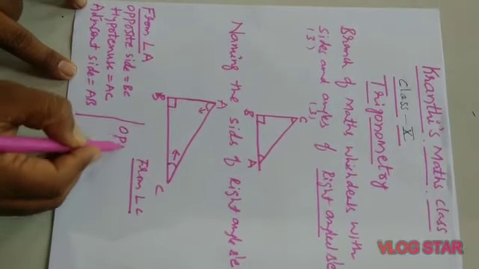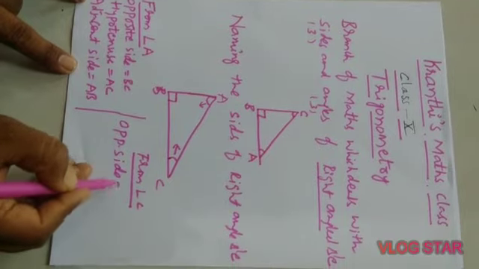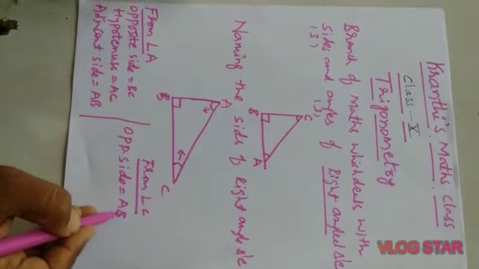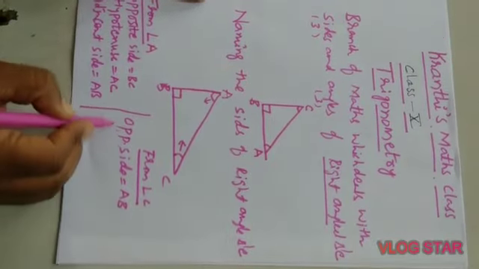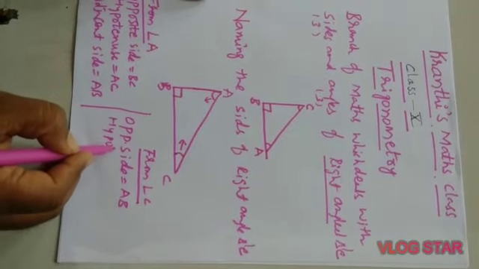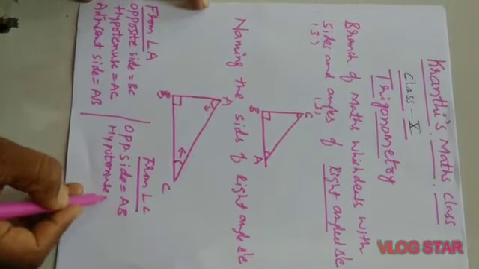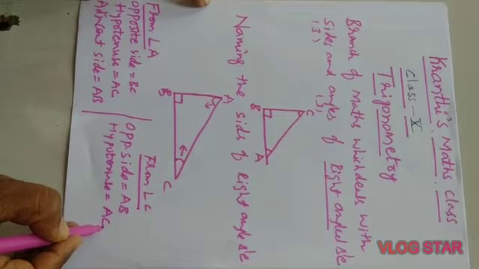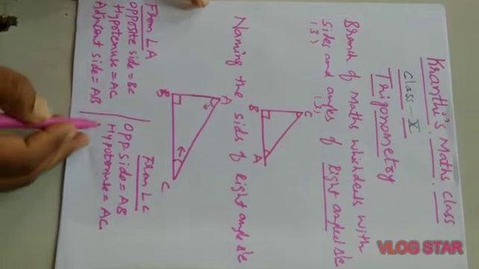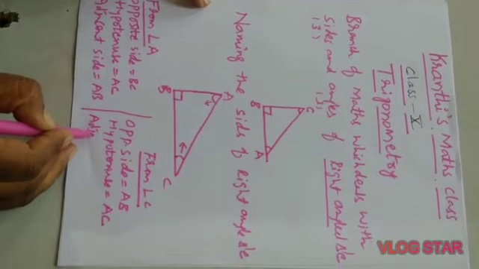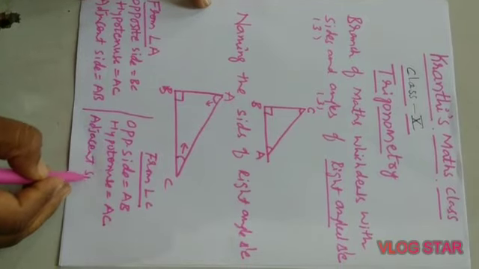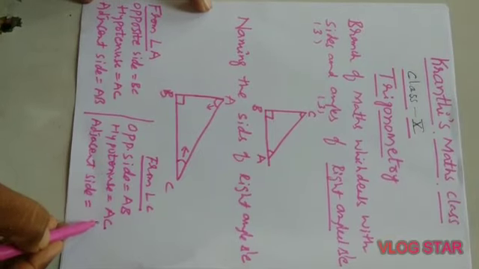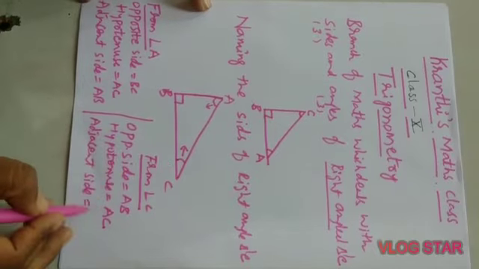Next, the hypotenuse is the highest length of a side, which is AC, the same from both angles. Next, the adjacent side: AB and AC are done, so the remaining adjacent side from C is BC.